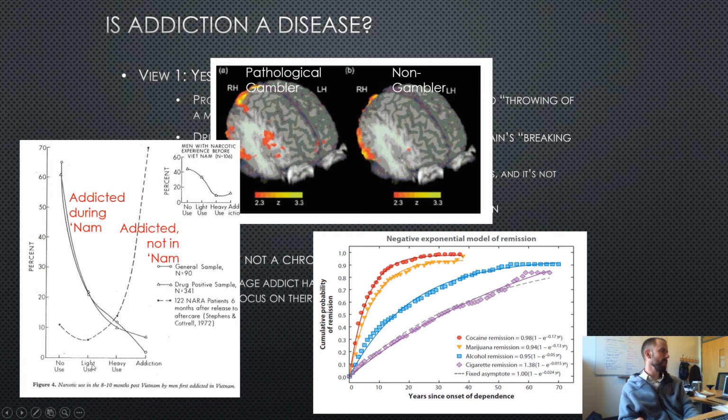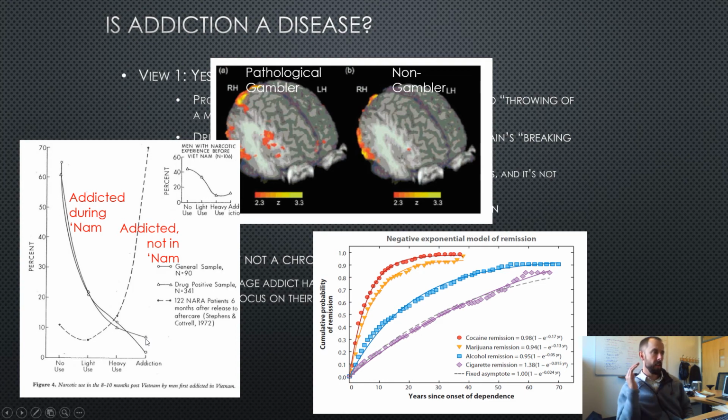So this is showing narcotic use in the 8 to 10 months after Vietnam by men who were addicted in Vietnam. And most of them are not using anymore in the 8 to 10 months after Vietnam. 20% of them using a little bit, 10% are using a lot, and 5% are quite addicted still.